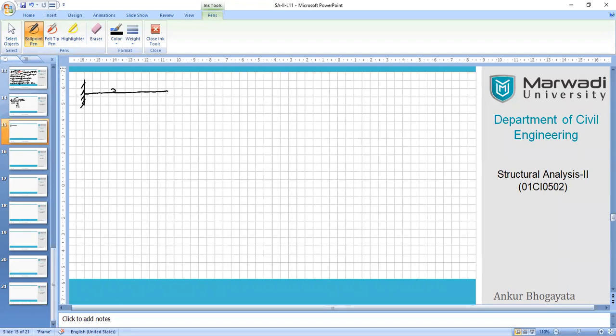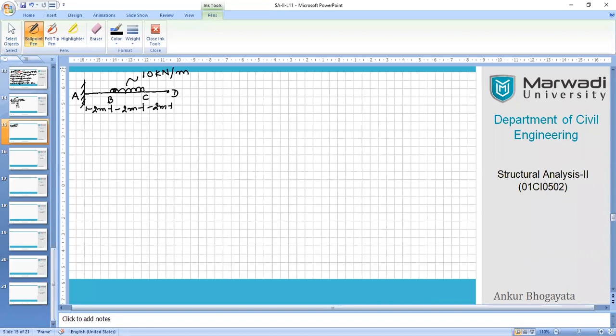Let's say this is equidistant, 2 meters, 2 meters, and again 2 meters. I hope it is visible to all of you. The load is, let's say, 10 kilonewton per running meter, and we'll keep it as it is, like A, B, C, and D.